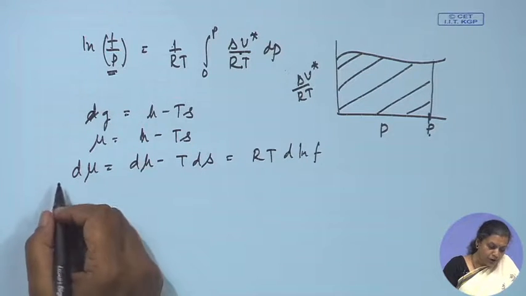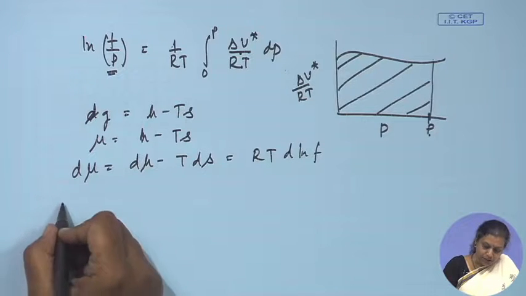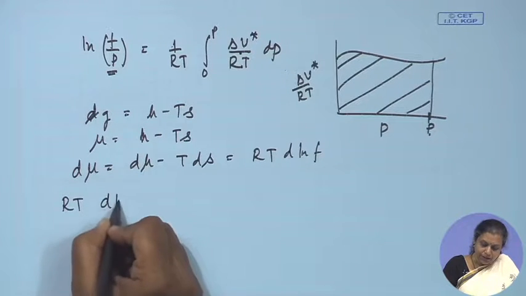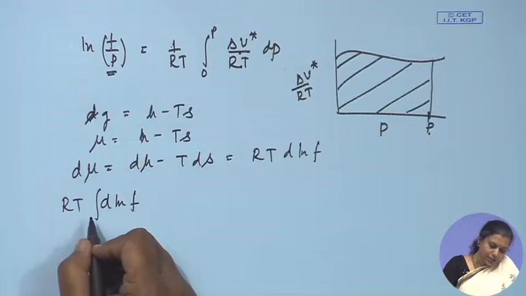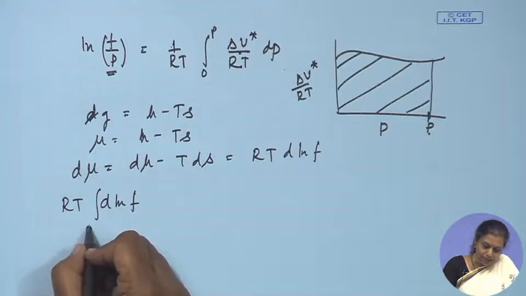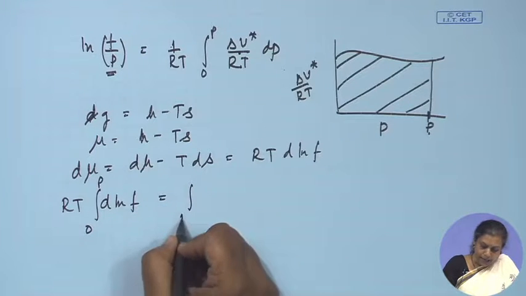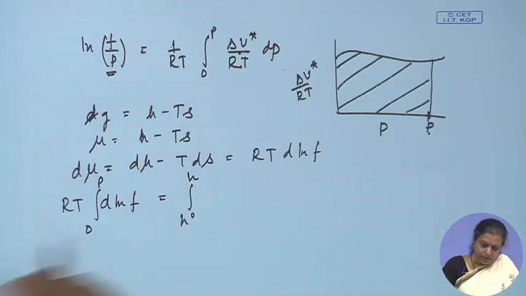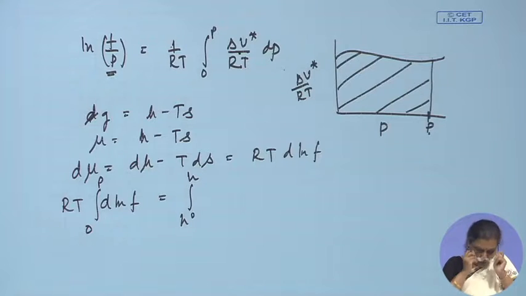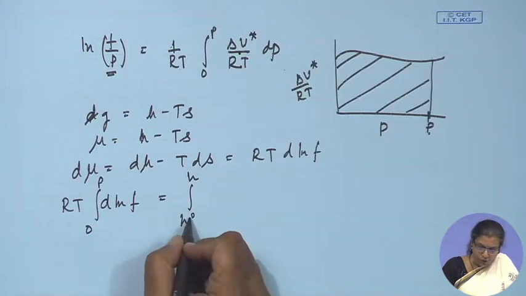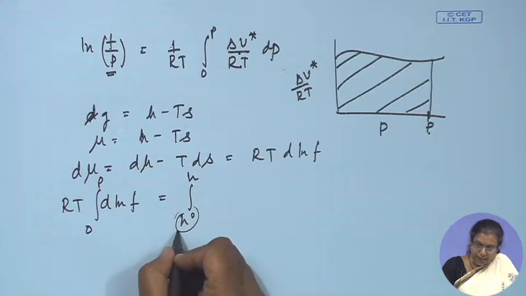And for this particular case also, again the only problem is the identification of the standard states. We start from here to here. Accordingly, H has to be evaluated from very low pressure, under which the gas behaves ideally.